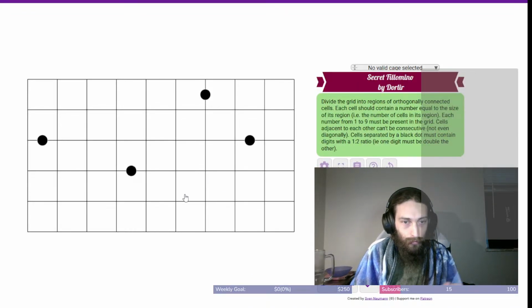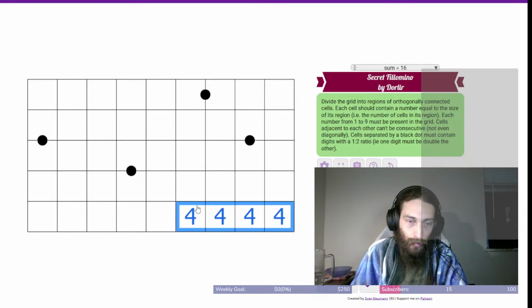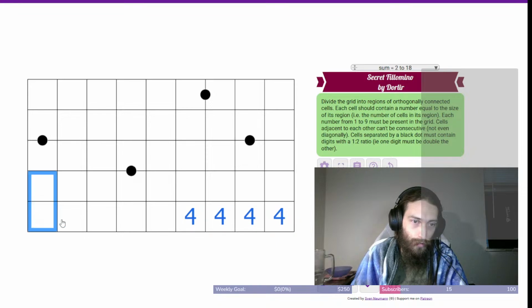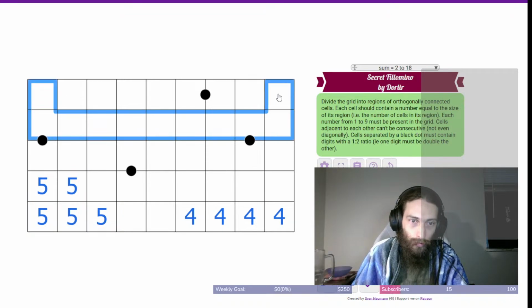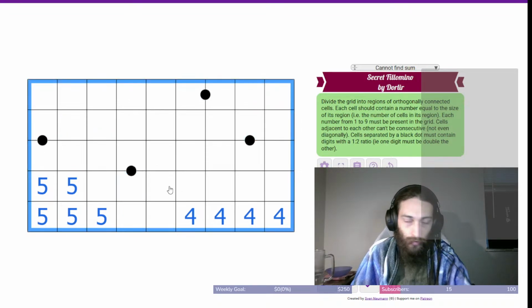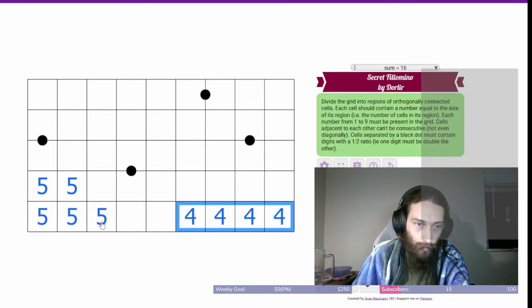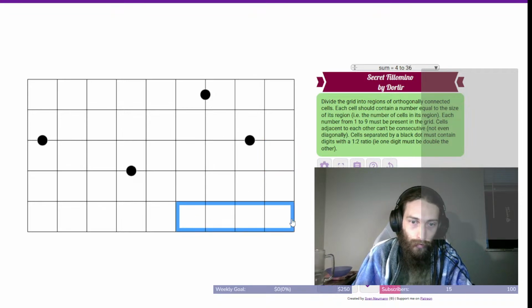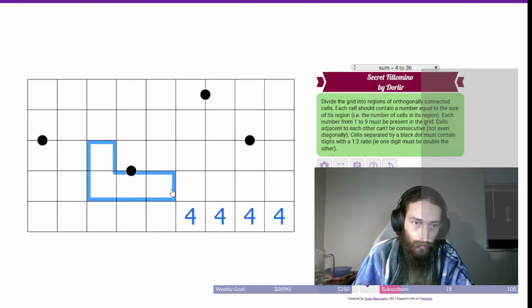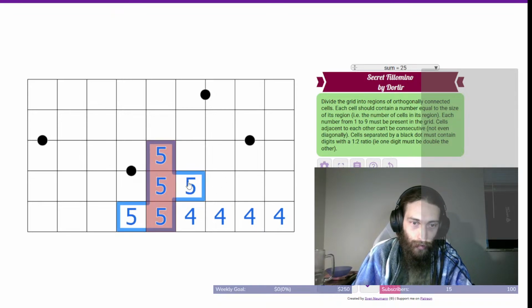So Philomeno rules are just that: if I've got a region of size 4, I fill it with 4s. If it's a region of size 5, I fill it with 5s. And the goal is to fill the whole box, just like with Sudoku. But these are our placement rules. This one says you can't have a 4 and a 5 like this.